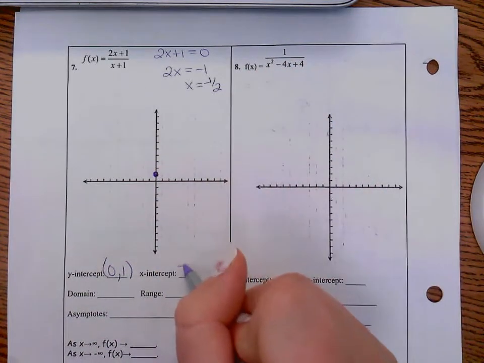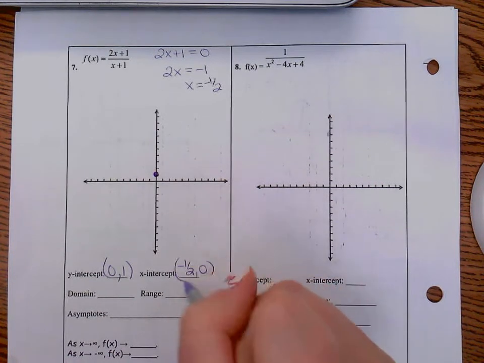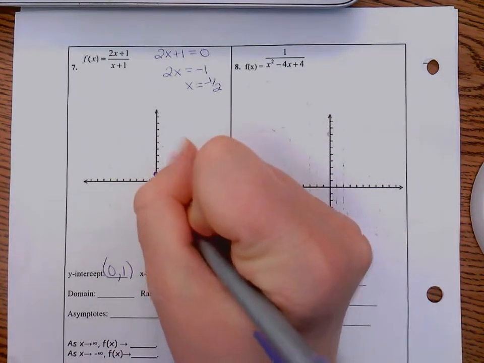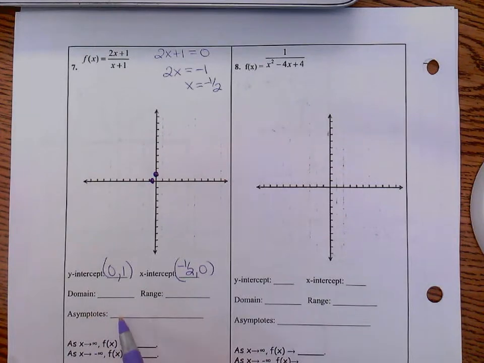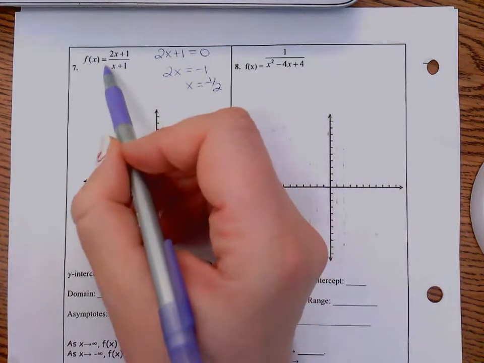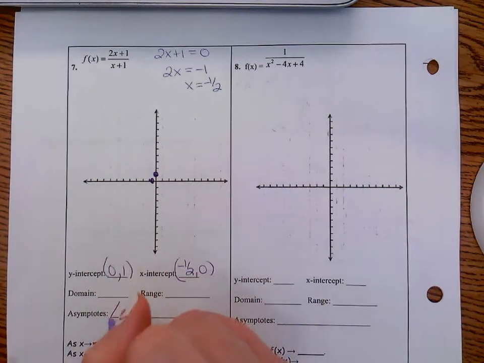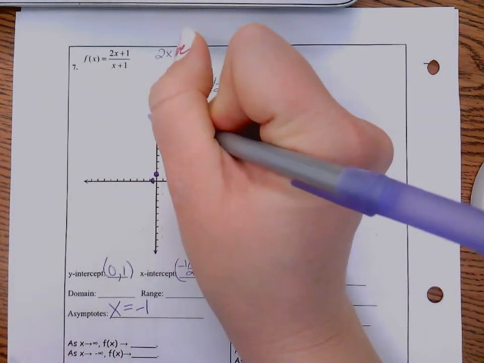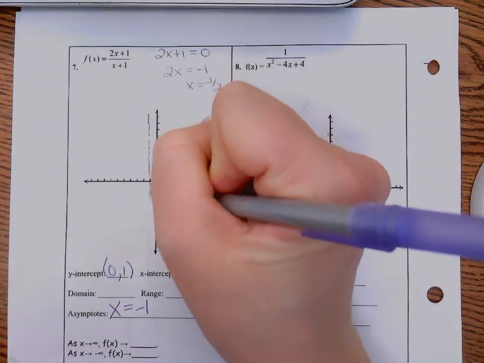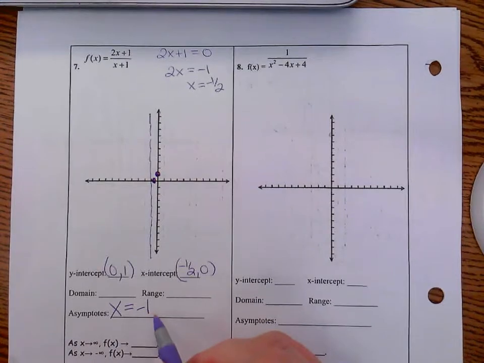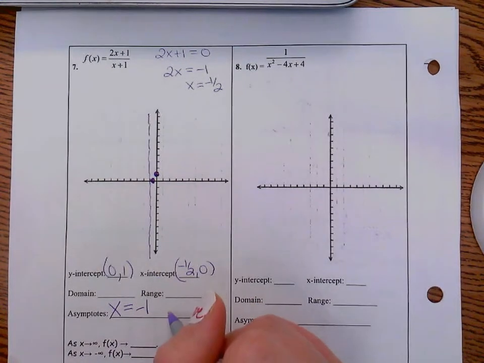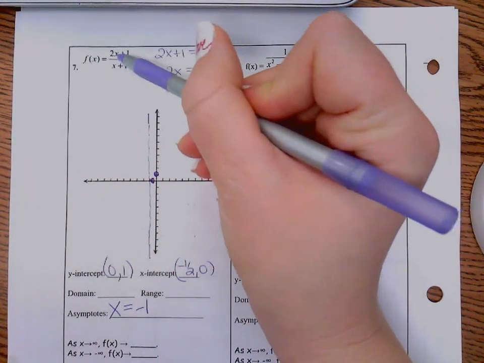So negative 1/2, comma 0 is my x-intercept. My asymptotes, where is the denominator 0? When x equals negative 1. And my horizontal asymptote, the powers are equal, x over x.